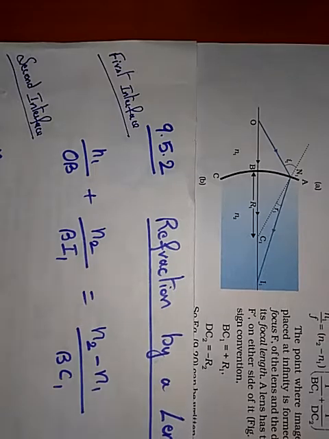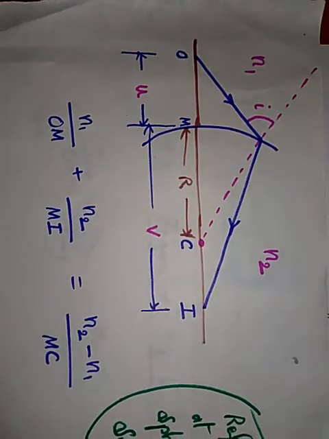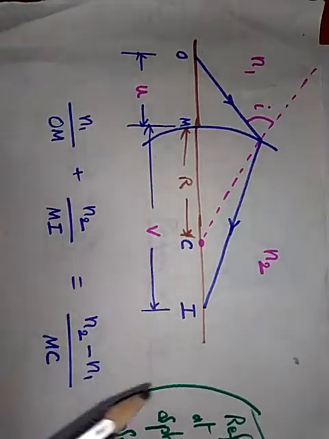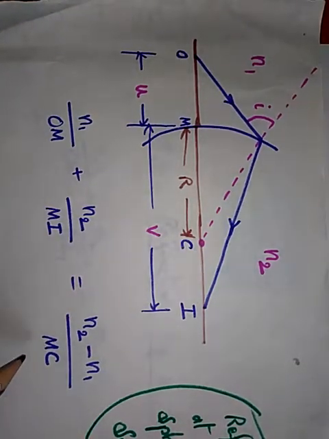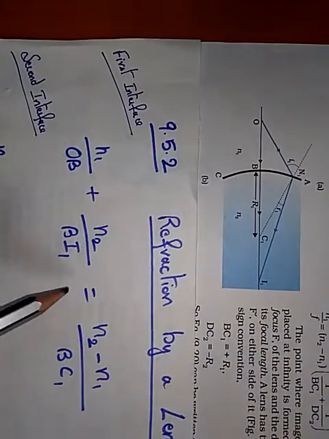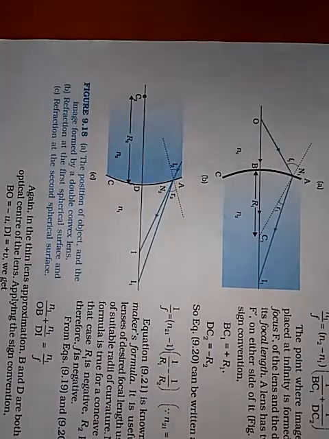How did we get this answer? Just now we told that for refraction at a spherical surface, n1 by OM plus n2 by MI is equal to n2 minus n1 by MC. So this formula is applied in this case for the first interface. Next we have to deal with the second interface.